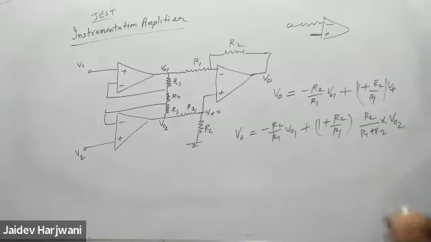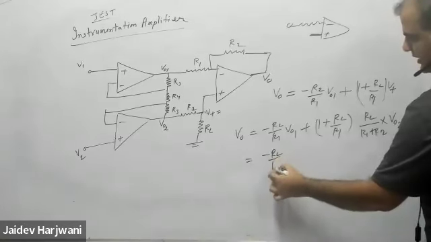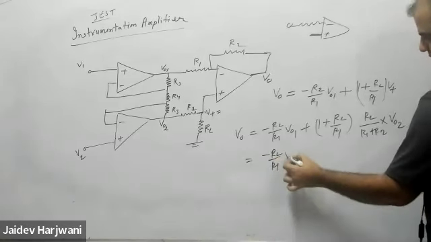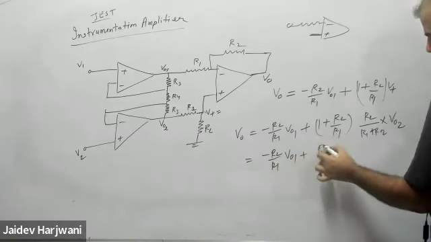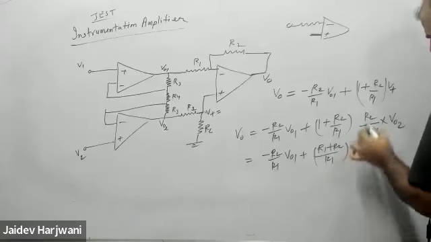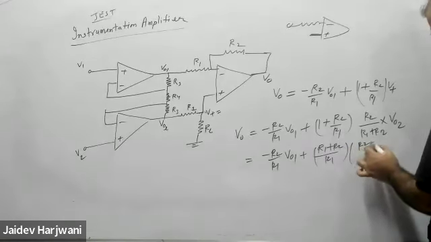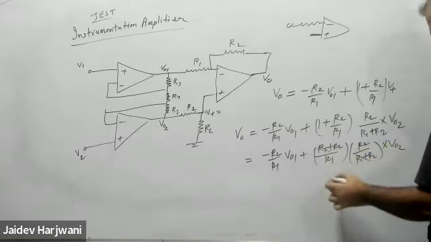Now solve this, how much is coming? So minus R2 by R1 V naught 1. This is R1 plus R2 by R1, and R2 by R1 plus R2 into V naught 2, which cancels out.